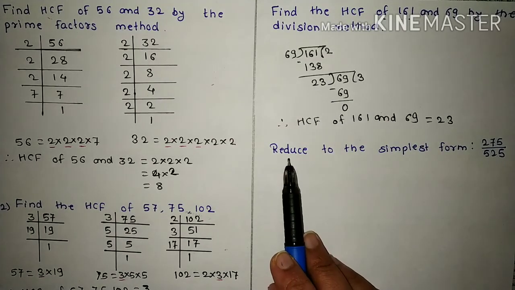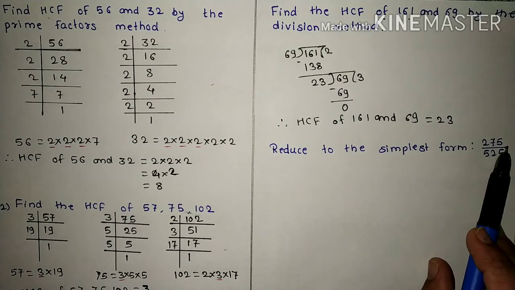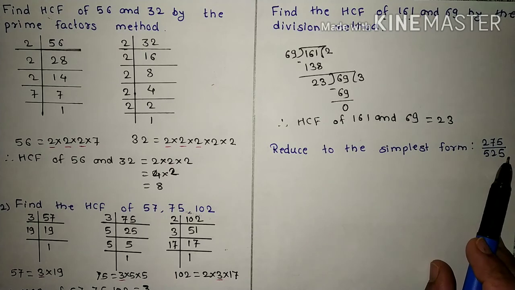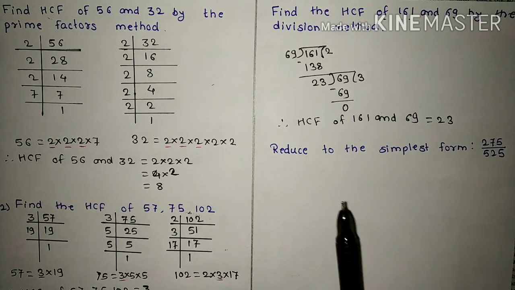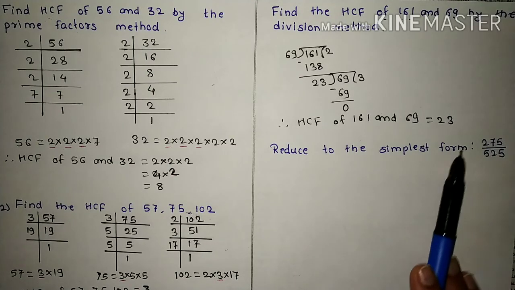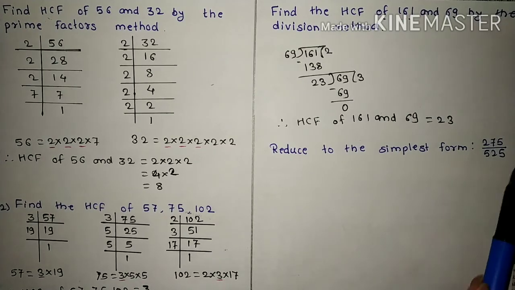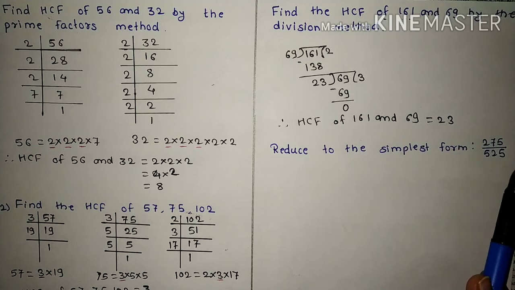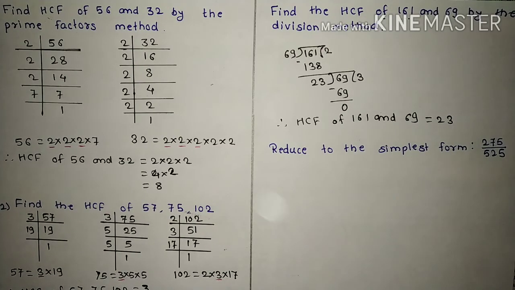See the next example. Reduce to the simplest form: 275 upon 525. To reduce the number to its simplest form, we will find the HCF of the given numbers. So let us find the HCF of 275 and 525 by the division method.